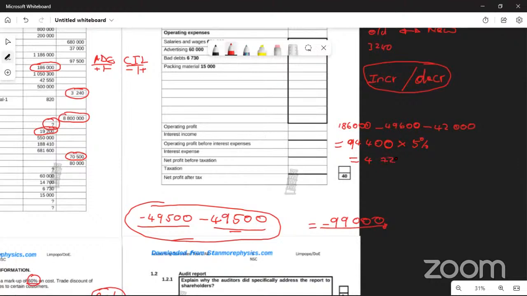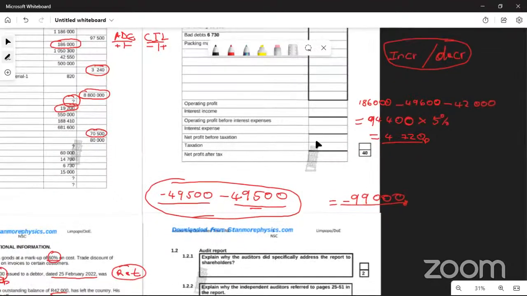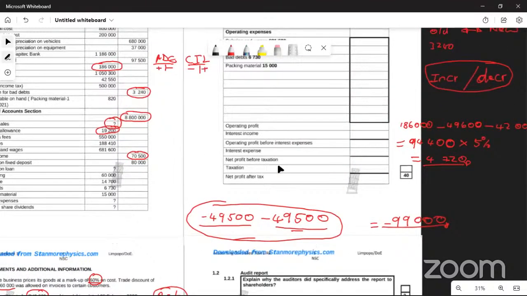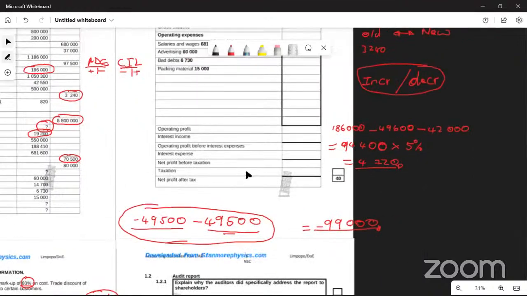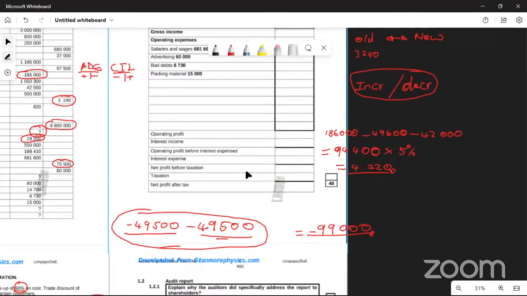Let me double check my calculations: 186,000 minus 49,600 minus 42,000.